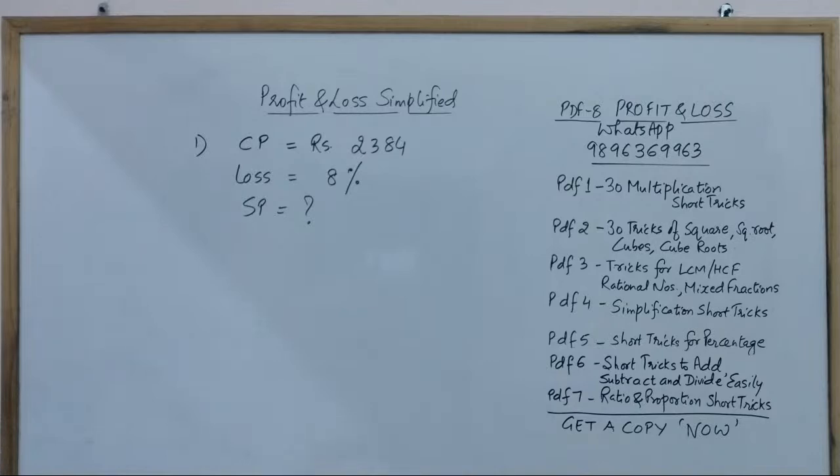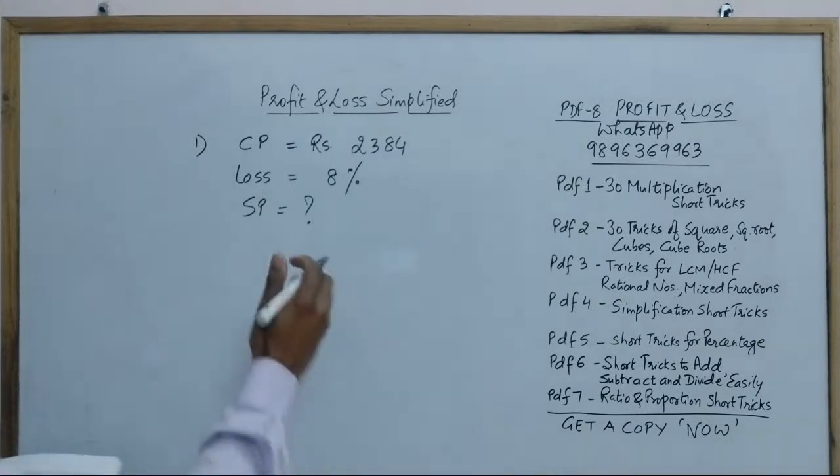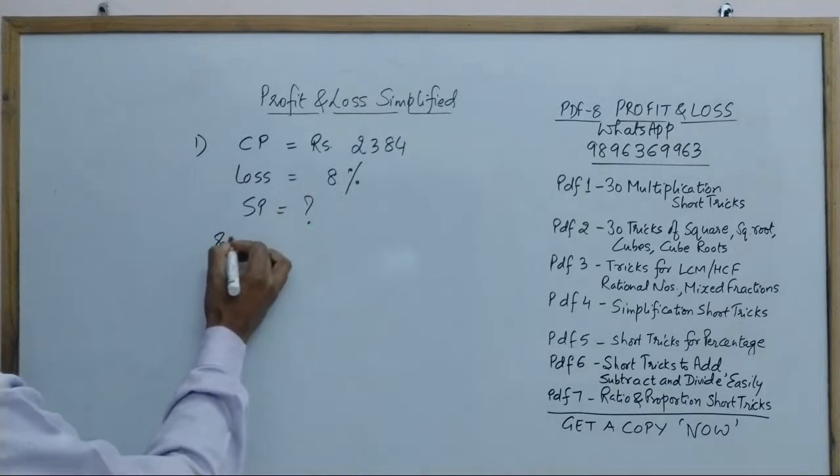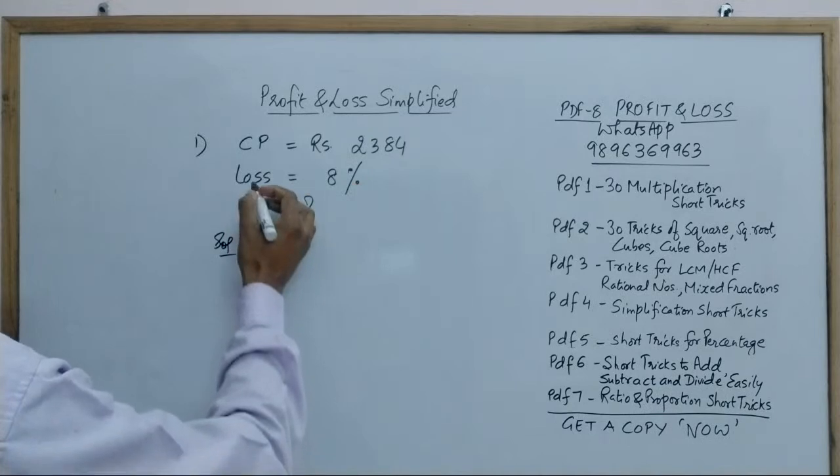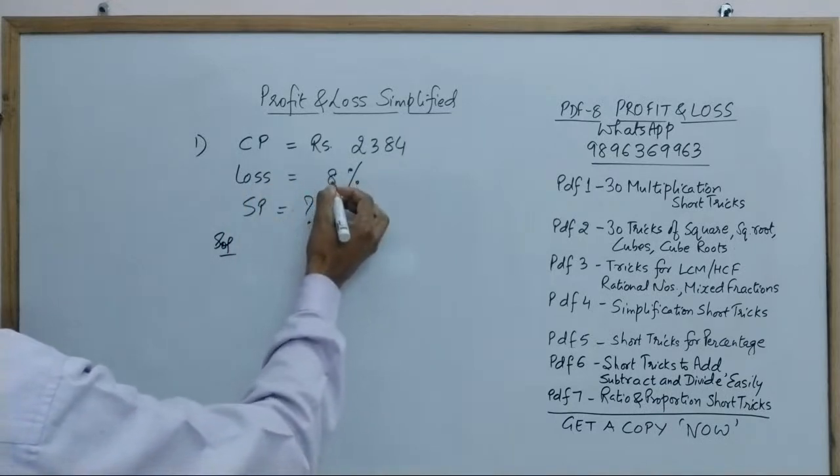Okay, so I think we need to solve it now, given enough time for this first question. So let's see how you can solve this easily. See, this is actually a question of multiplication, not a question of percentage. Loss is 8%, so 100 minus 8 is 92.